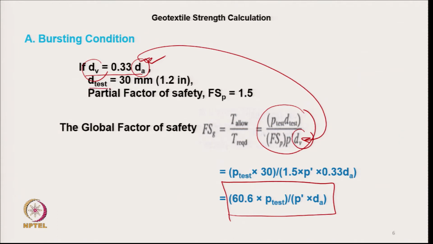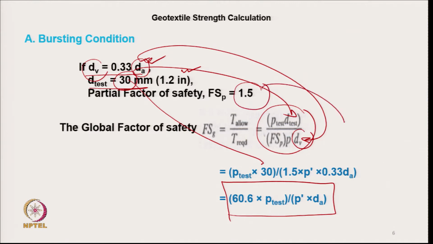D test is known, it is 30 millimeter or 1.2 inch. So, this 30 millimeter we can use here as D test, and partial factor of safety here we can assume 1.5.